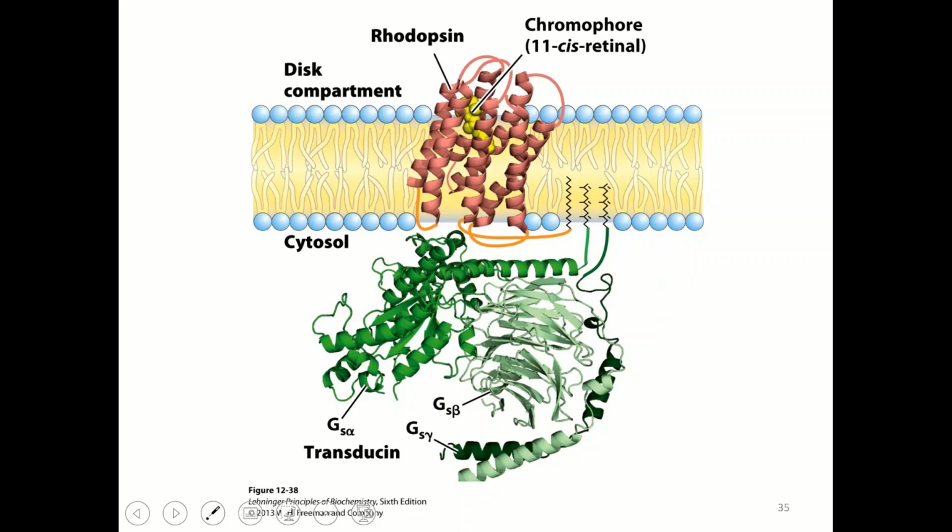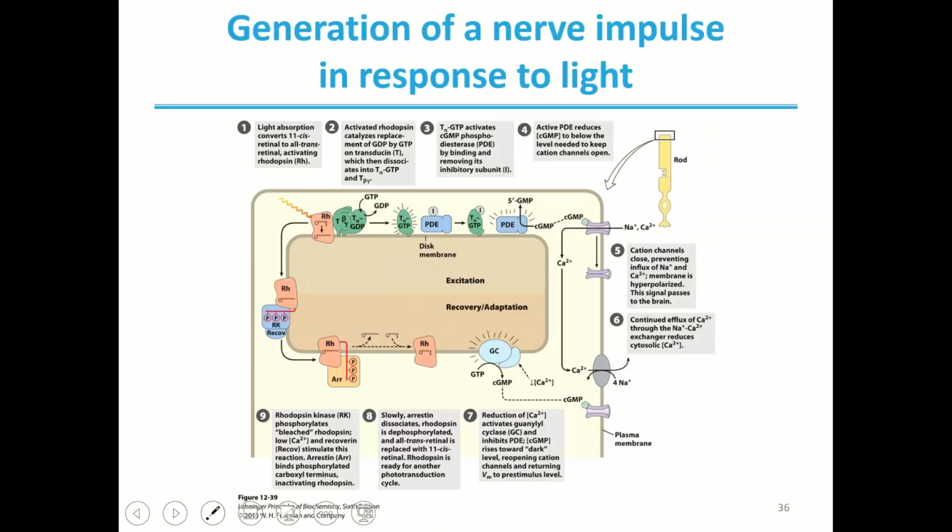So we refer to it as G sub S. And here's a little bit better picture, I think, of these G proteins. They have a little anchor here, in this case, isoprene groups that keep them associated with the membrane. All right, this is our pathway, we can just call this a sight pathway or the rhodopsin pathway.